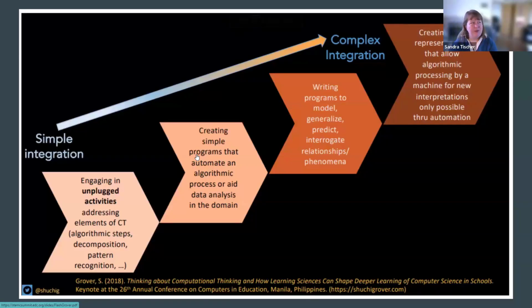So if we look into all the integration of computer science, all the possibilities to integrate computer science into our standards.